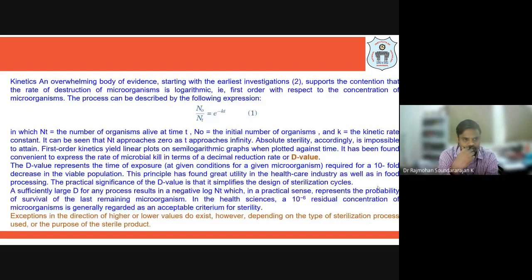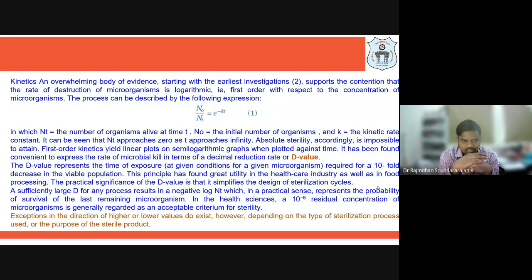Okay, so if you look at the kinetics, an overwhelming body of evidence, starting with the earliest investigations, supports the contention that the rate of destruction of microorganisms is logarithmic, that is, first order with respect to the concentration of microorganisms. So we can define it with the expression N_t/N_0 = e^(-kt), where N_0 is the initial number of organisms and N_t is the number of organisms alive at any time t.